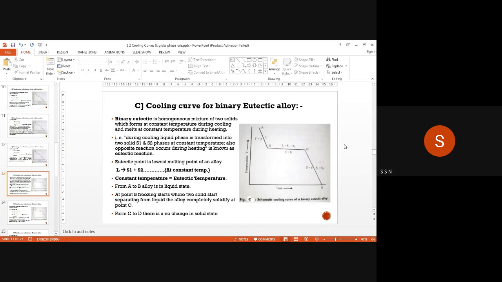So if it is said that the metals used in the alloy have a binary eutectic temperature or binary eutectic melting point, then you can say there will be a constant horizontal line at which two different solid phases, S1 and S2, will be available. This will be the nature of that line if your alloy is a binary eutectic alloy.